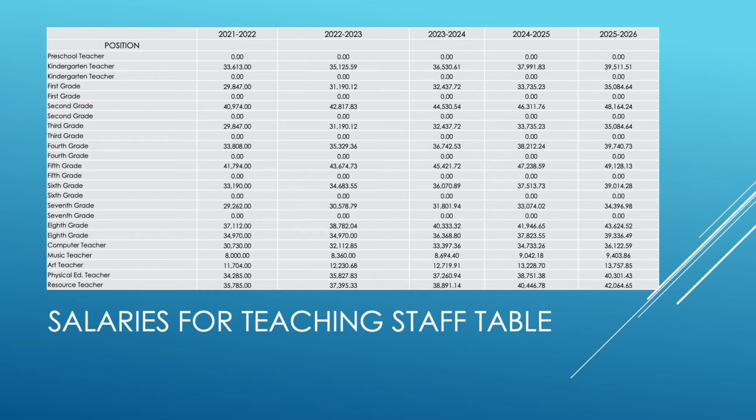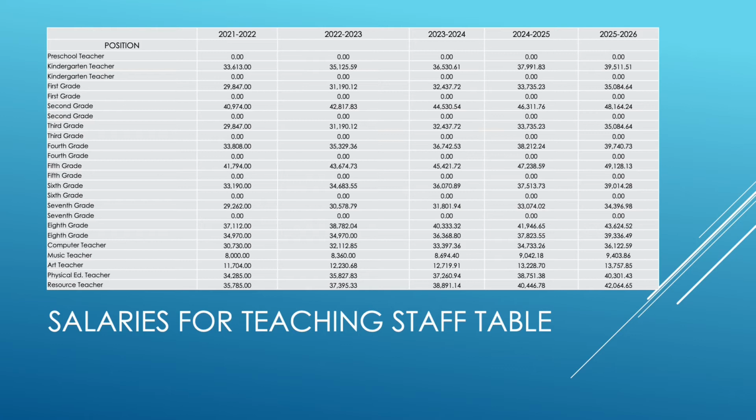Now again, in this particular case, you'll see we don't have a preschool teacher. So we have a kindergarten teacher, but we only have one. We have one first grade teacher, one second grade teacher. But then you get all the way down here to the 8th grade, well, we have 2 teachers. And then again, you'll see all the positions.